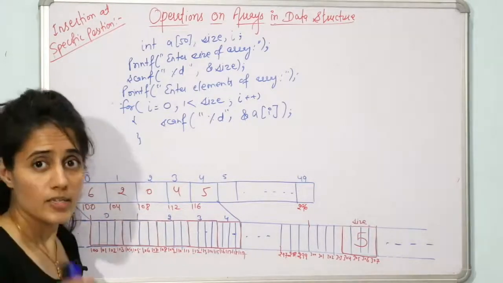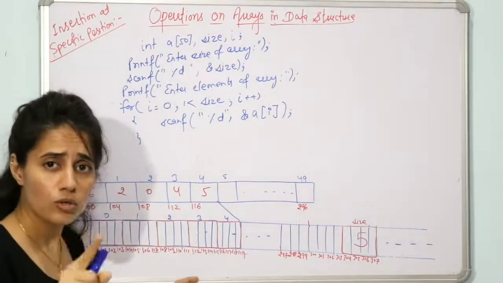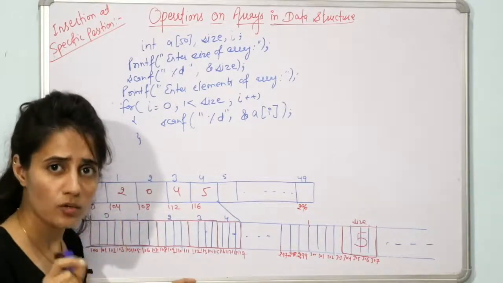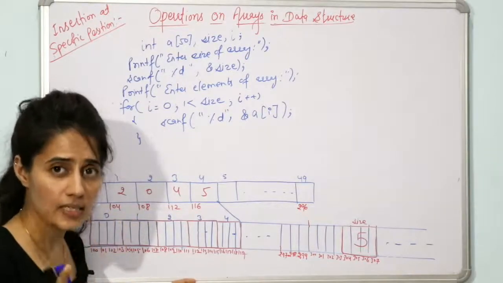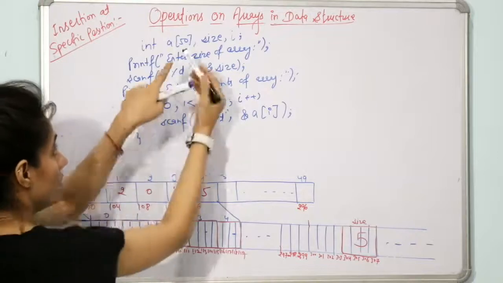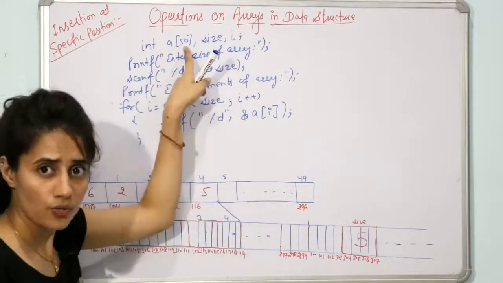So still you can store how many elements? 45 elements. See, another thing you have to take care of, I have told you there is no upper bound checking concept for arrays in C. Like this, if you take here int a of 50, fine.